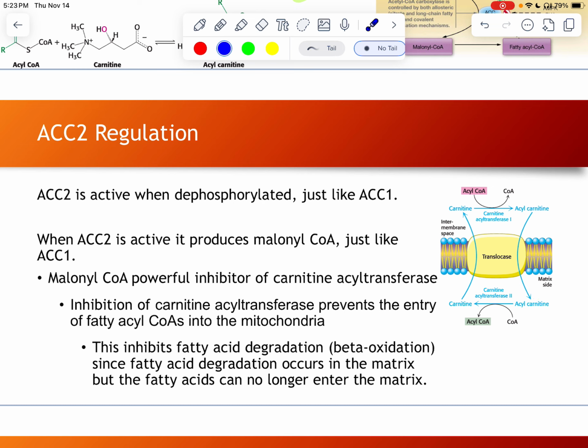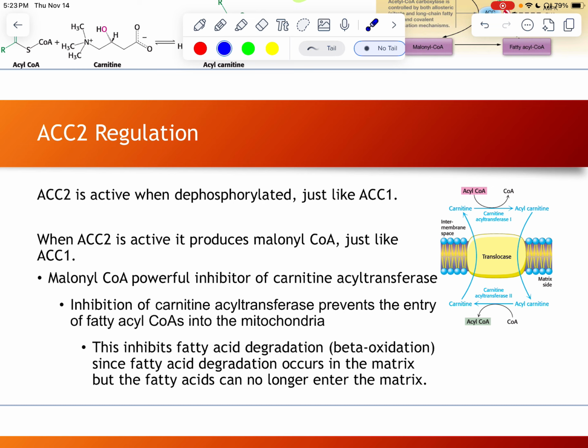So essentially, by having an active ACC2 in the matrix, we've allowed it to make this malonyl-CoA, but the malonyl-CoA is going to mess up this process, and so it's going to essentially inhibit fatty acid degradation, that beta oxidation, because that occurs in the matrix, but now we can't get the fatty acid into the matrix.